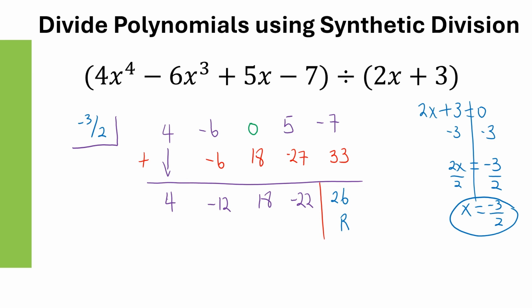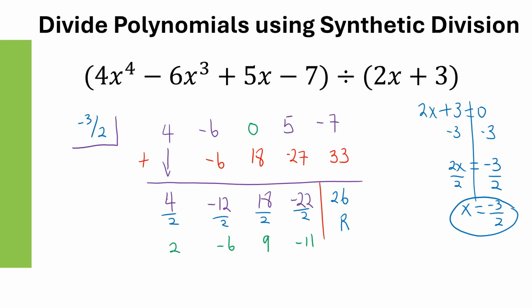The rest of the numbers will be the coefficients of the quotient. Now this time our coefficients can be reduced by 2 because all those numbers are divisible by 2. So when I divide each one of these numbers by 2, it's going to give us negative 11 here, 9 here, negative 6 here, and then 2 here.